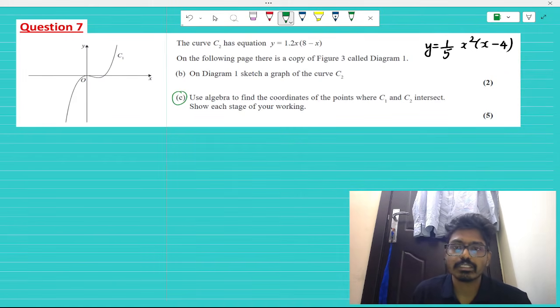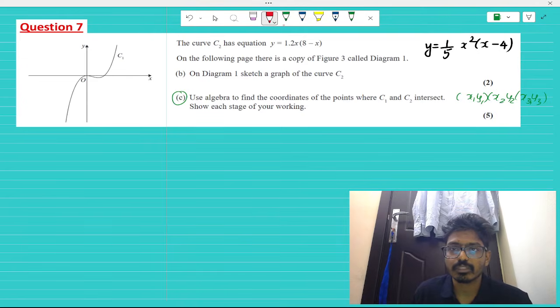Since it is a cubic equation, we will have 3 intersection points, let's say (x1, y1), (x2, y2) and (x3, y3), because the 3 points are going to touch somewhere. So based on the above equations, we need to find where the 2 equations intersect, right? So we need to find that.